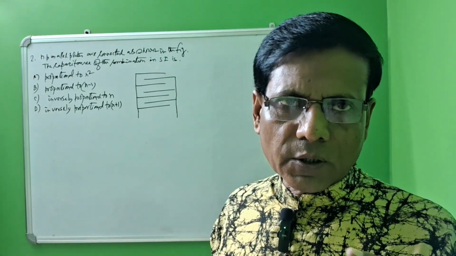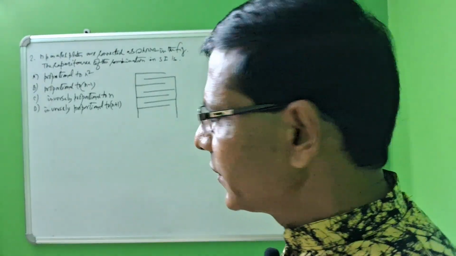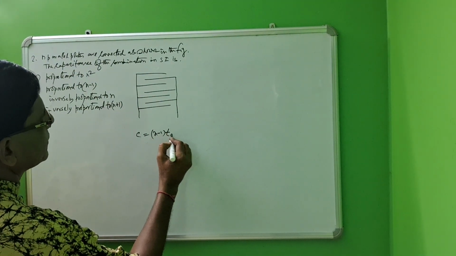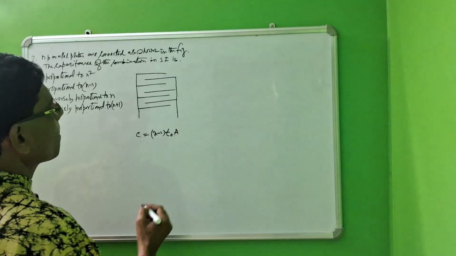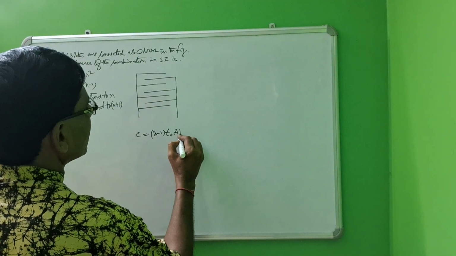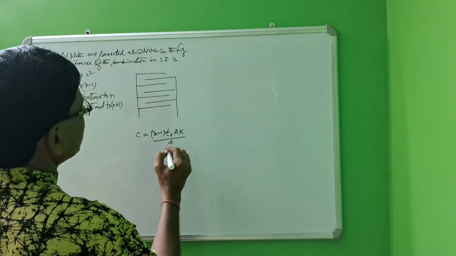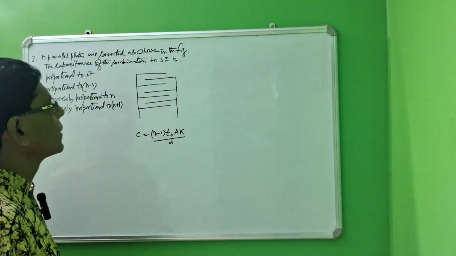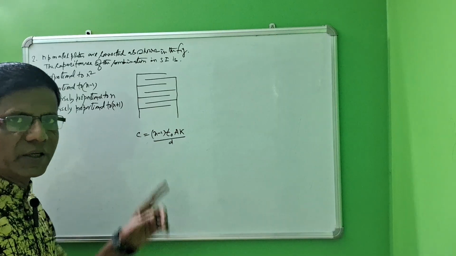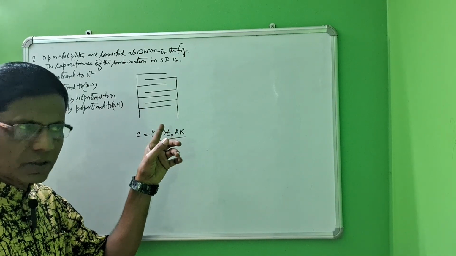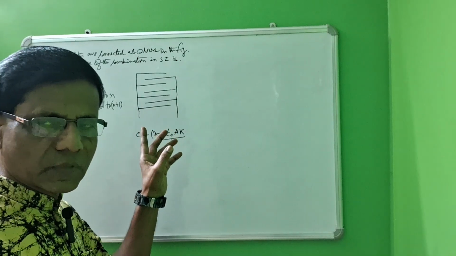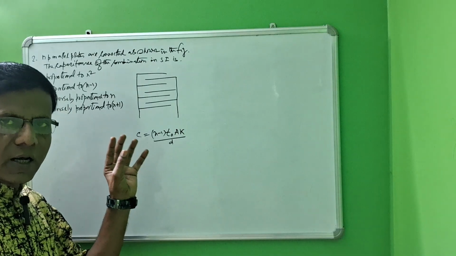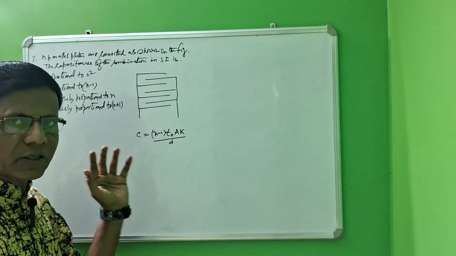their equivalent capacitance will be C equals to n minus 1 epsilon 0 A K upon D, where A is the area of each parallel plate, which is equal to each other, and K is the dielectric constant of the matter present inside the plates, which are of same type.